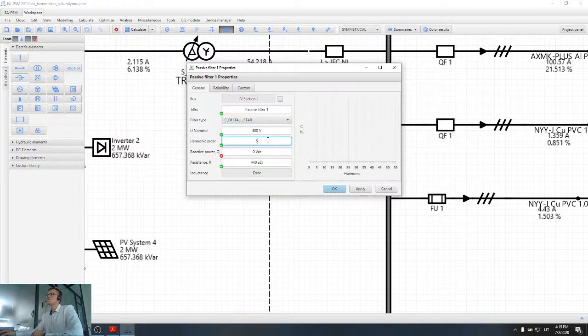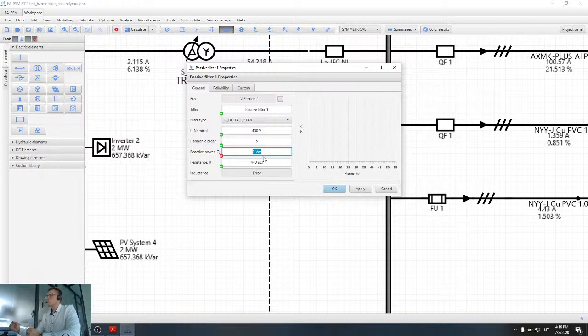Then we also have to choose what harmonic order will be reduced. For example, I would like to select the fifth harmonic order. My goal is to reduce fifth harmonics in the network. And we have to specify the power of the filter. The more powerful the filter, the more harmonics it will be capable of consuming.